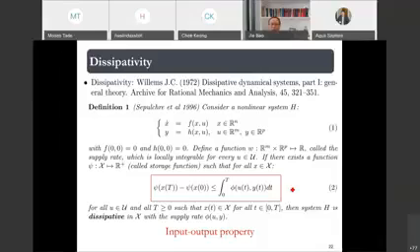Now, I'm not sure how many of you are familiar with Lyapunov stability and Lyapunov functions. In Lyapunov stability, if we have a state space representation, how do we study the stability of a given equilibrium point?